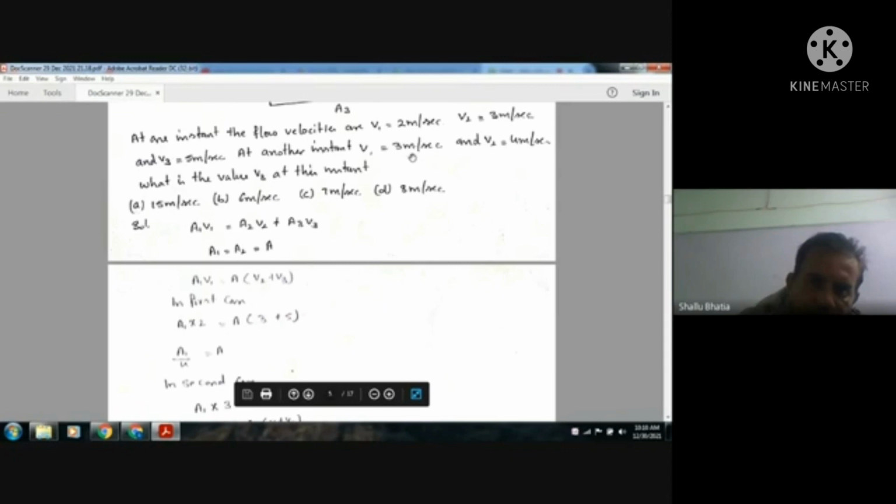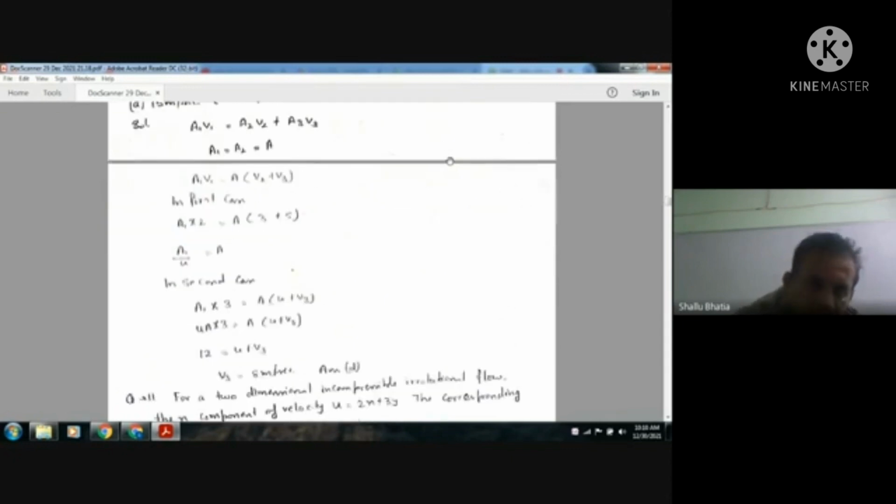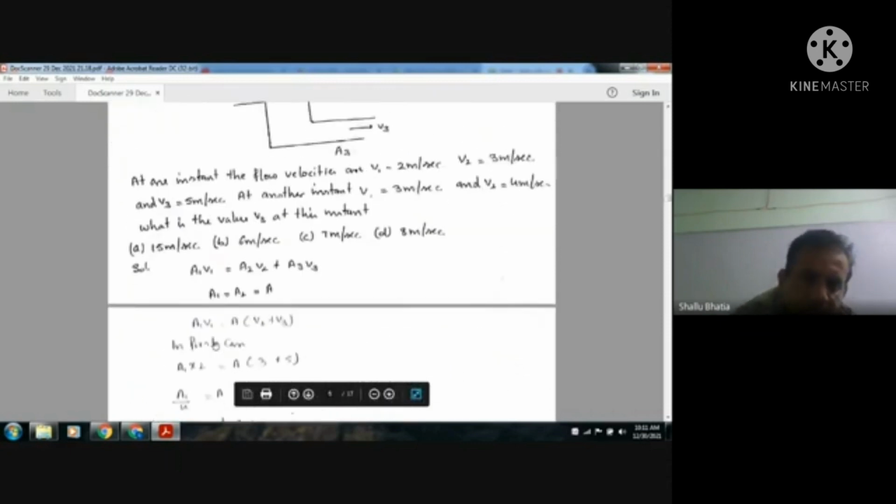In the second case the velocities are V1 equal to 3 and V2 equal to 4, and V3 is unknown. Again applying the continuity equation, A1 V1 equals A V2 plus A V3, where A1 is 4A. So putting in these values, 4A into 3 is equal to A times 4 plus V3, and we can get V3, that is 8 meter per second. So option B is the right answer.